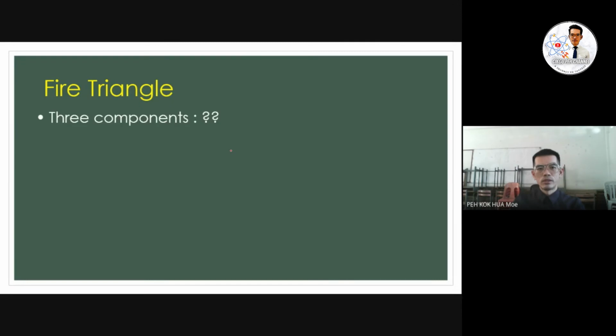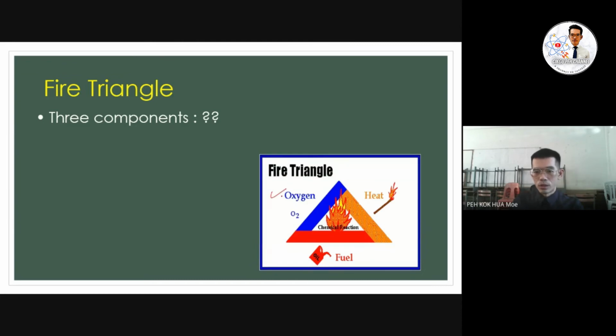There are actually 3 components which may cause a fire. So what are the 3 components needed to have combustion occur? First, oxygen. Second, heat.